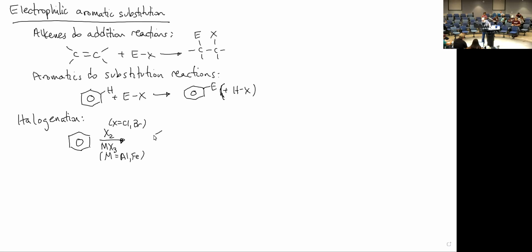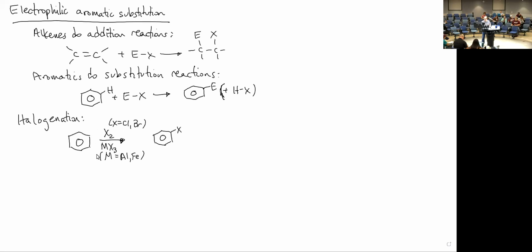And in the end, what you will get is the corresponding halobenzene. Corresponding meaning it is the same number of carbon atoms. And what we'll do is we'll just replace one of the hydrogens on the benzene ring with that halogen. It will be with a chlorine if we start with chlorine. It will be with a bromine if we start with bromine. And so the way you'll know what to put here is by what you're given.